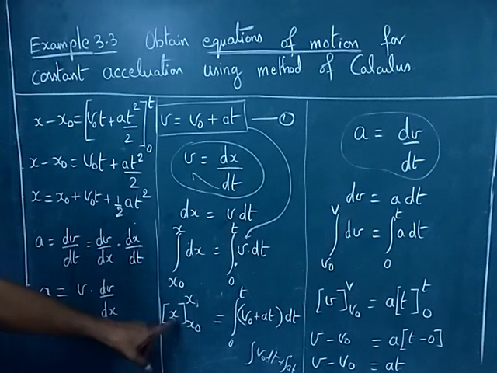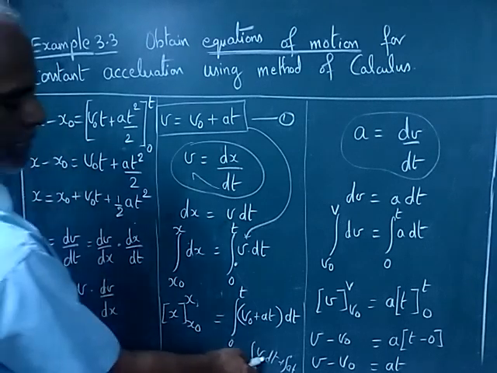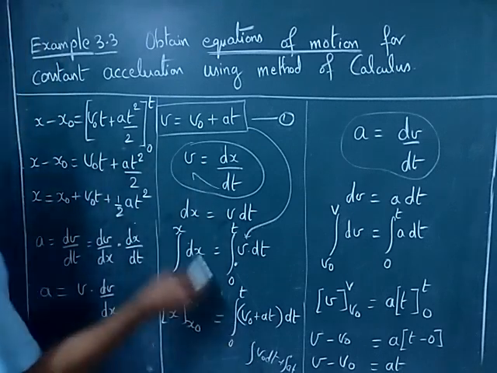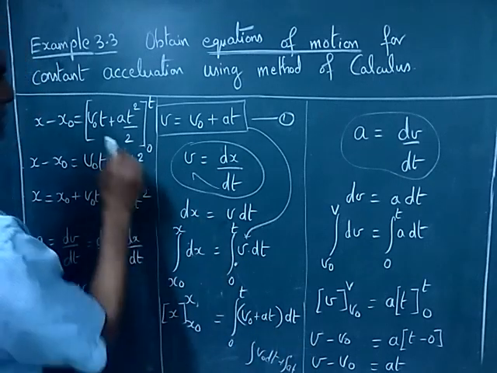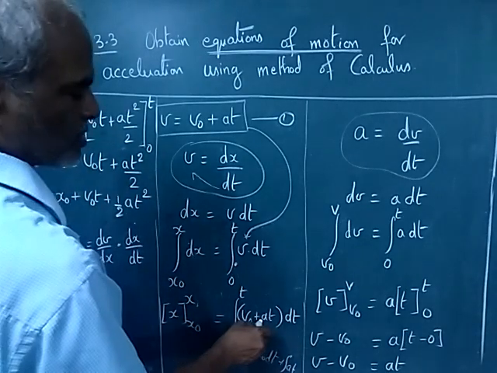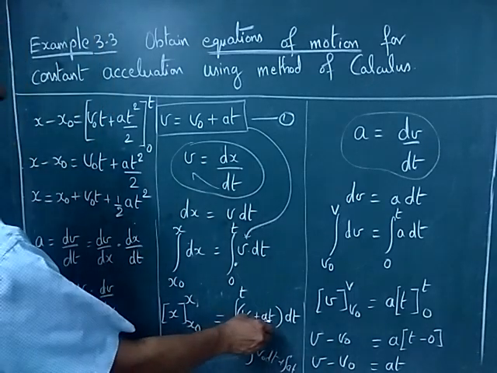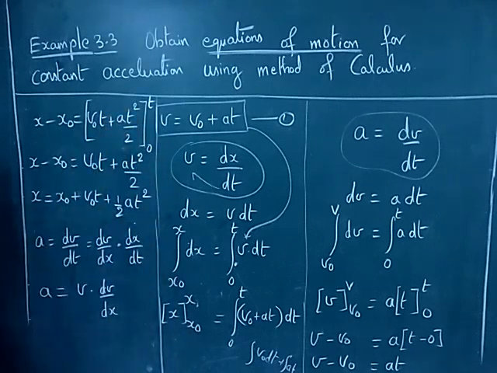So here you are substituting upper limit x minus x0. If you integrate v0 into dt you will get v0 t, because the integral of dt is t, plus a is constant, and the integral of t into dt is t square by 2.